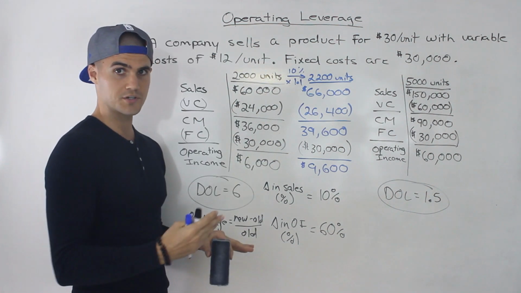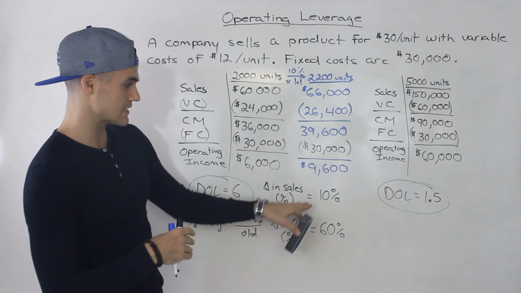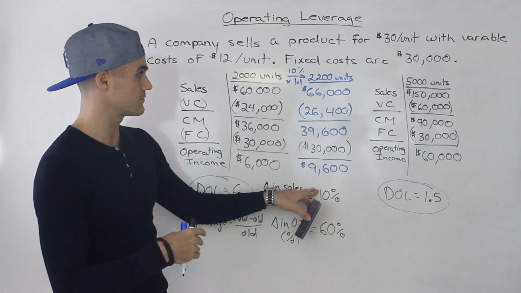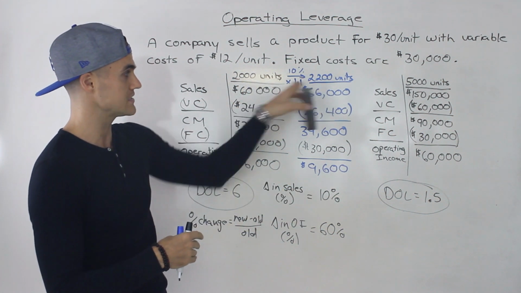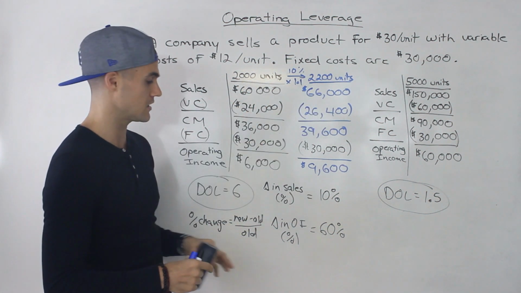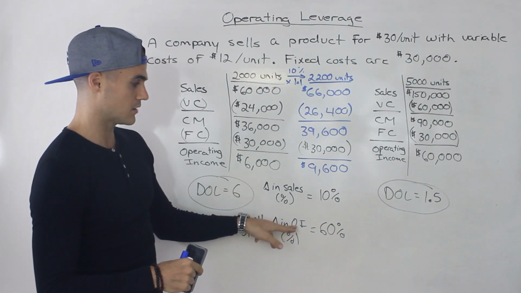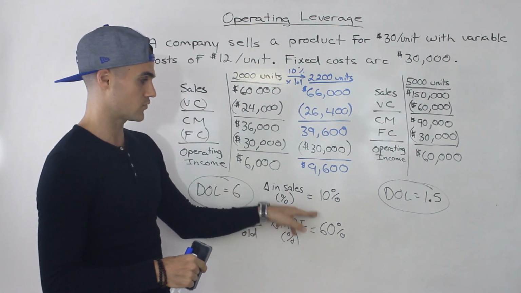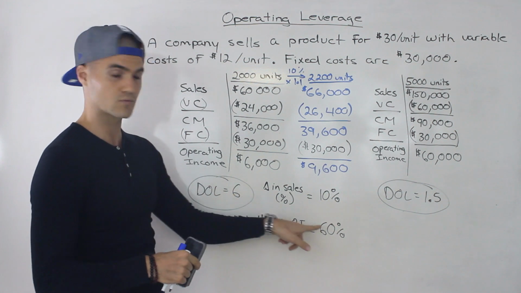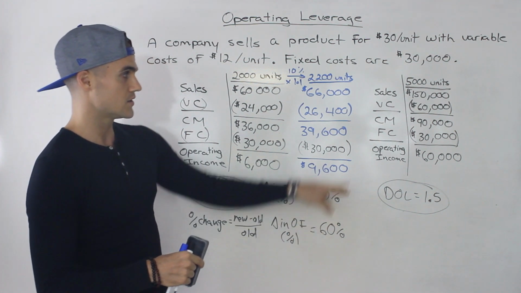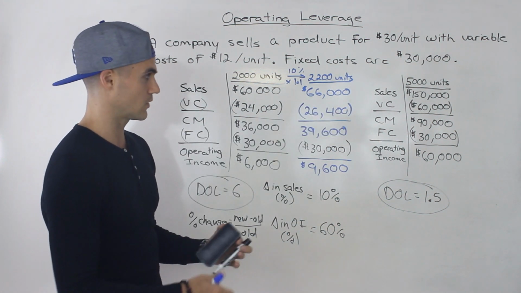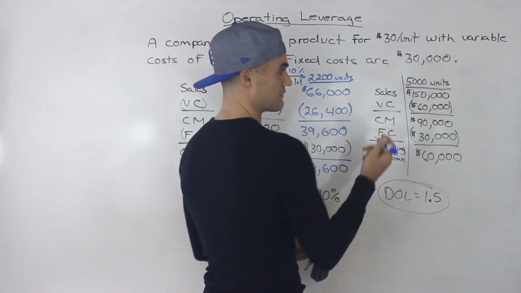Now this also works if the sales go down. So let's say that this was negative 10%. So if the production level went down by 10% or the sales went down by 10%, then the operating income would go down by 60%, right? Be negative 10 times 6, which gives us negative 60. So we could show that here with this production level of 5,000 units.